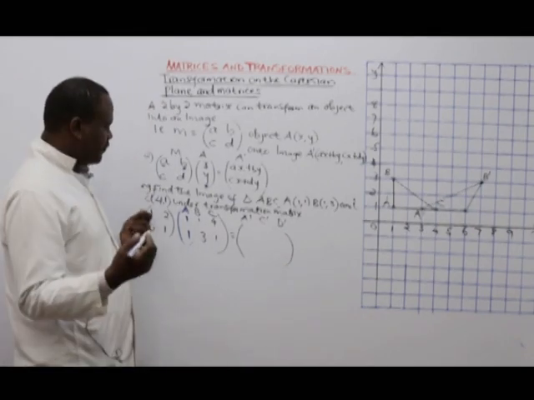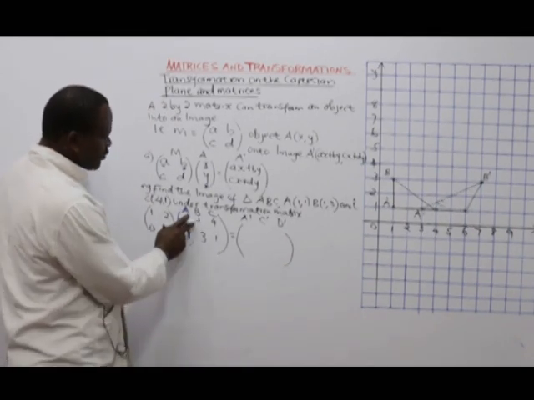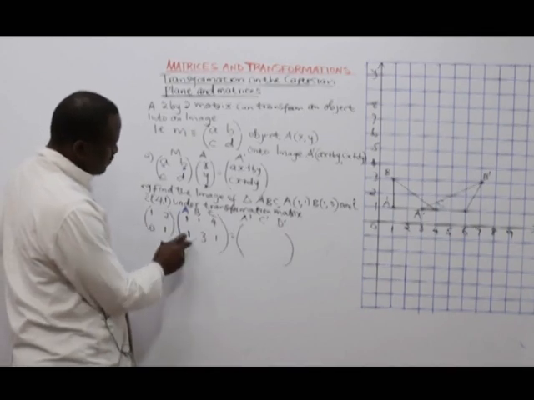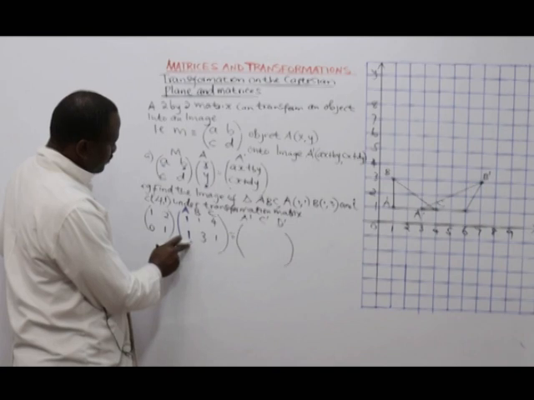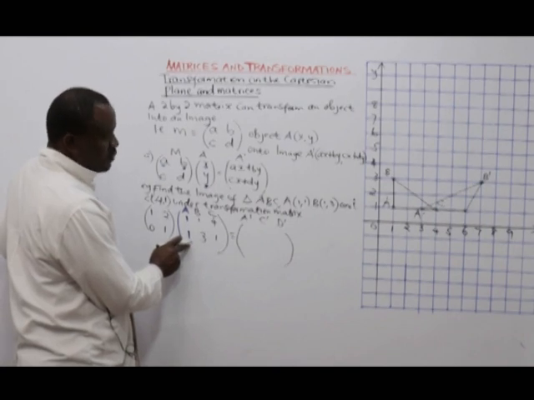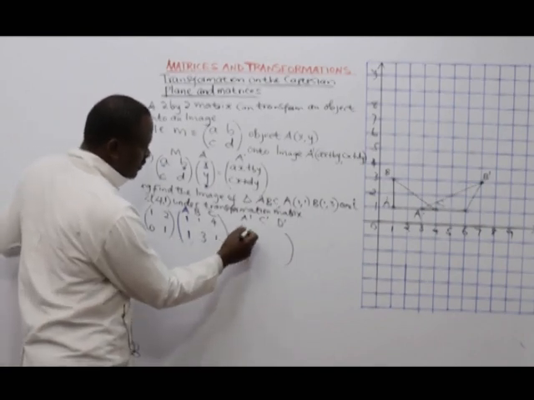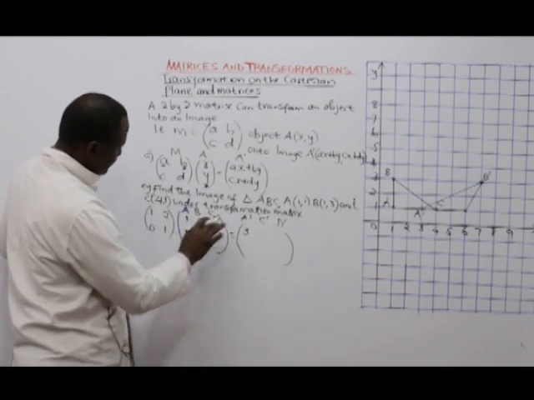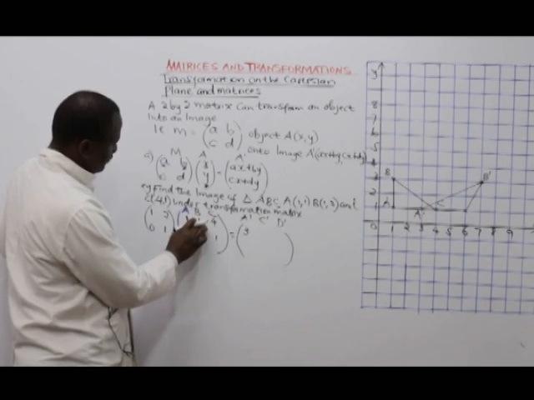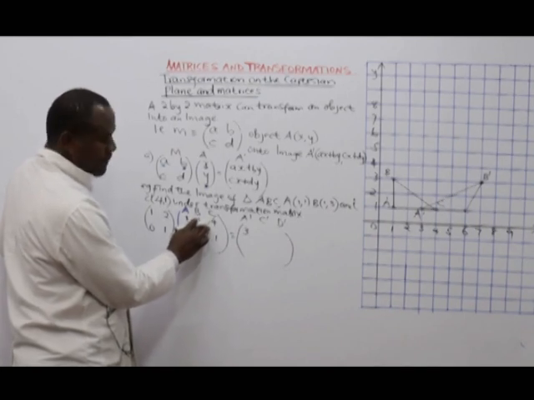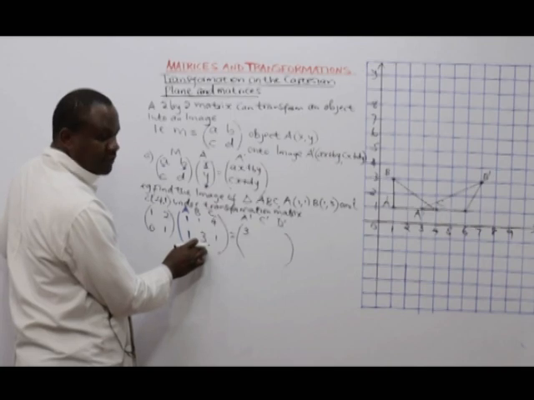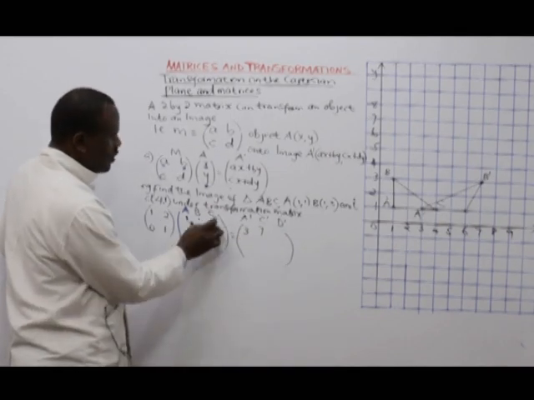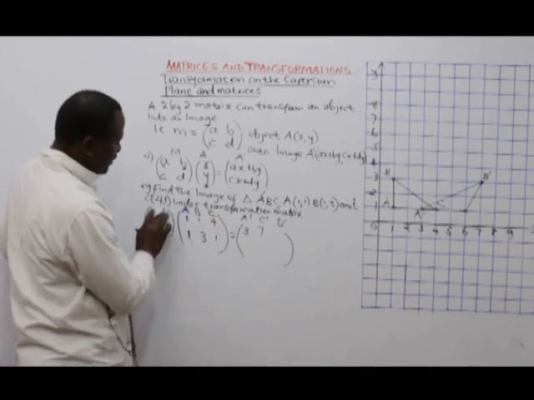Now we can do everything at once. 1 times 1, 1 plus 2 times 1, that will be 2. 2 plus 1 gives us 3. So we can continue with all that. 1 times 1 is 1 plus 2 times 3, 6. That gives us 7. 1 times 4 is 4. 4 plus 2 times 1 is 6.